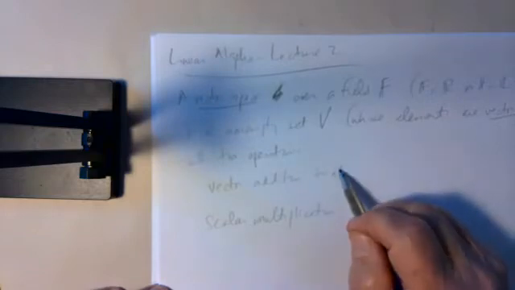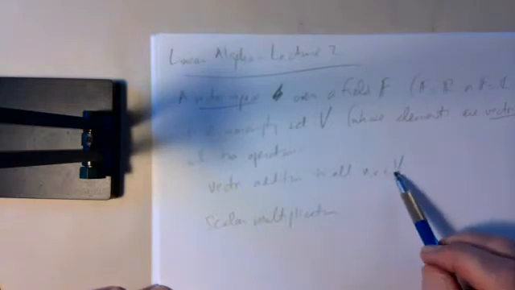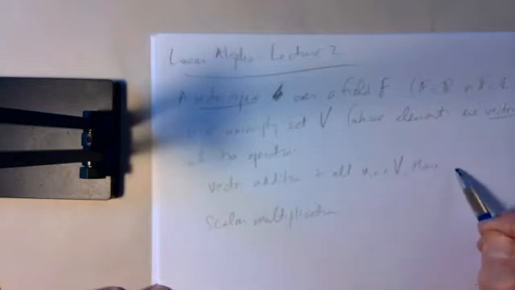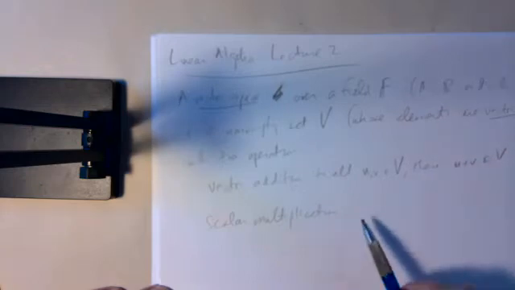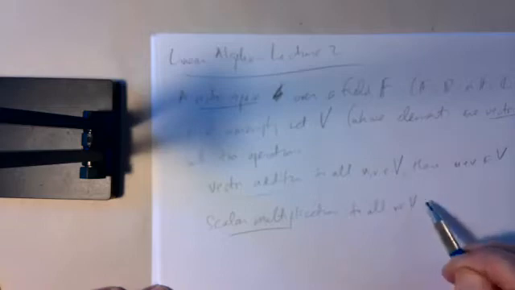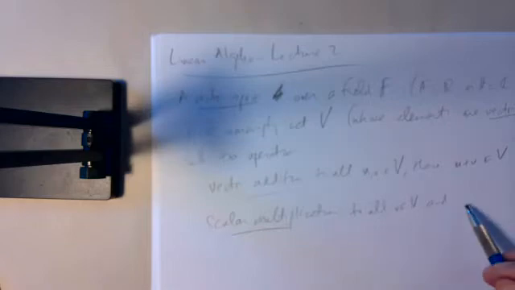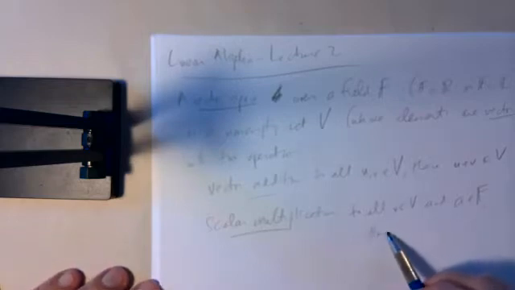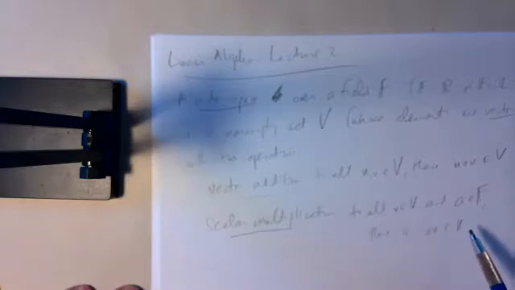To all vectors u and v in the set V, this is notation for V is the set of vectors, and this means is an element of or member of, there is assigned the vector u plus v in V. And in scalar multiplication, to all vectors v and all elements a of the field, there is the vector a times v in the vector space, right?